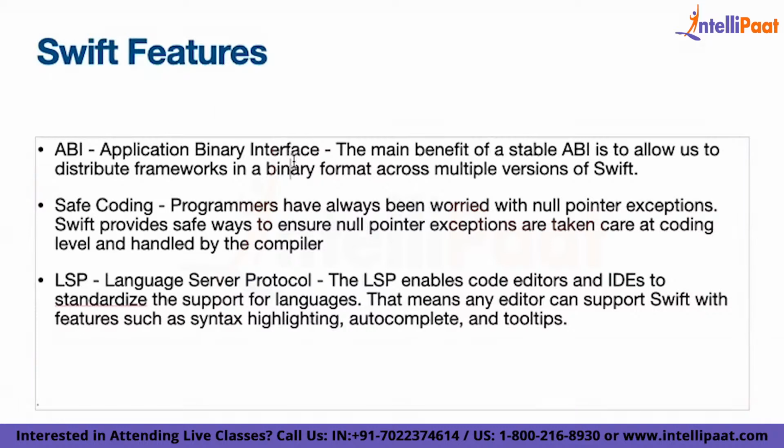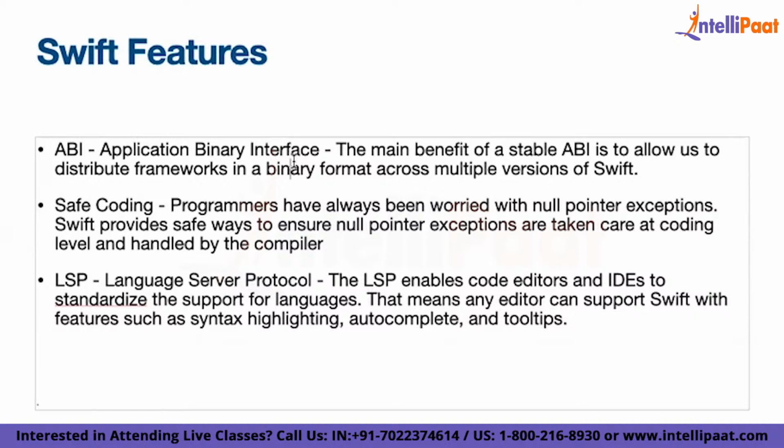Now, when we say Swift is safe coding, it means Swift will not allow you to access a variable which has not been allocated. If I simply say a variable name and do not assign a value and you try to print that variable, the compiler itself will stop you from proceeding, saying that you never allocated memory to this variable.